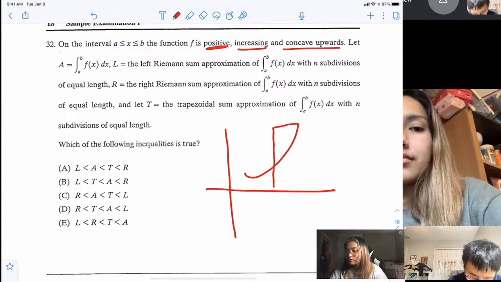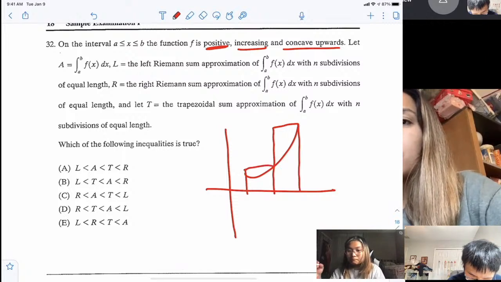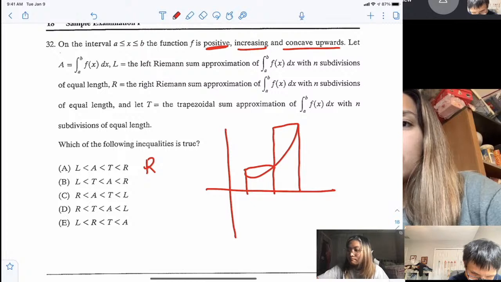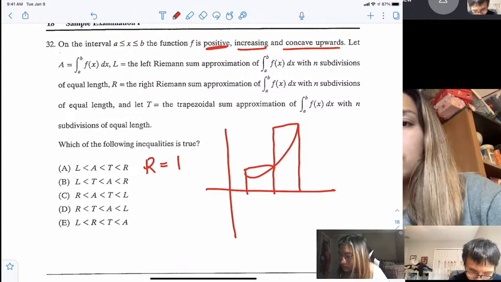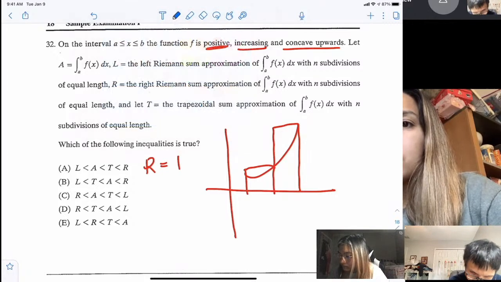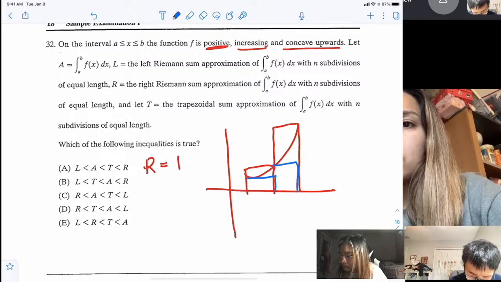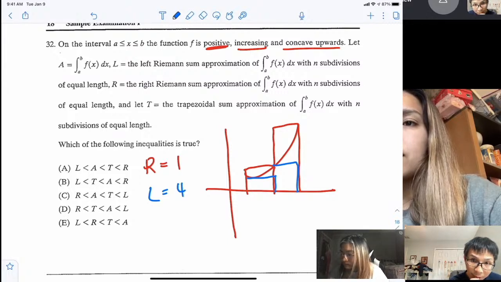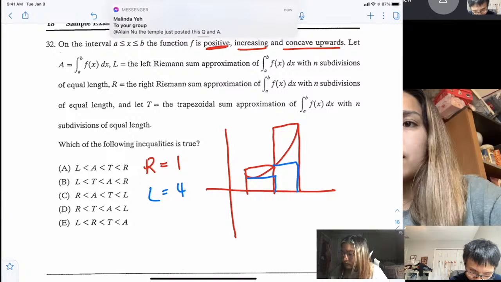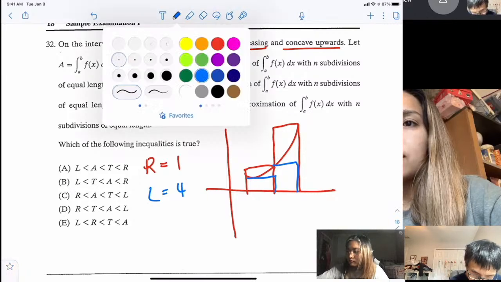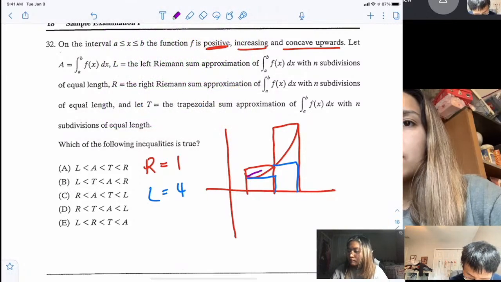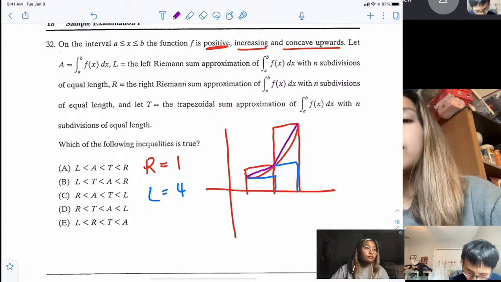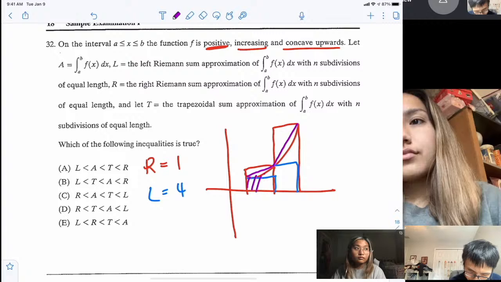So the right endpoint is going to be like this. The right endpoint is the biggest one, I would say number 1. This is the left endpoint, which is probably going to be the smallest one. So we're going to say left is equal to 4, the smallest one. Okay, 1 is the biggest one. And I'm going to do the trapezoid. The trapezoid is a little bit bigger than the actual value because the actual value is right here, right?